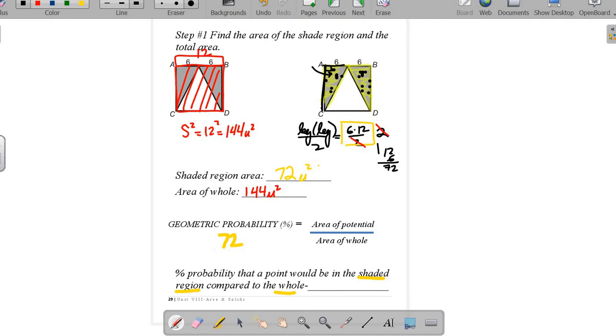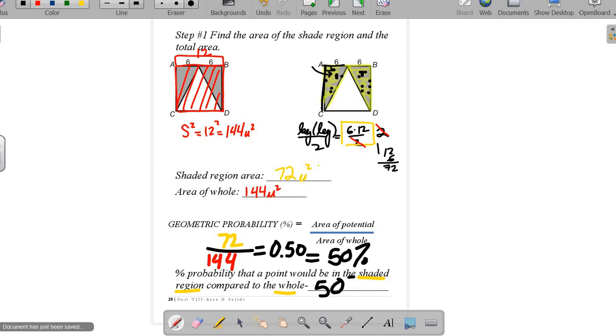The area of our whole is 144. You divide that. We made this rather easy. You should be able to see that that's exactly half. So there is a 50% probability that a point will be in the shaded region compared to the whole.